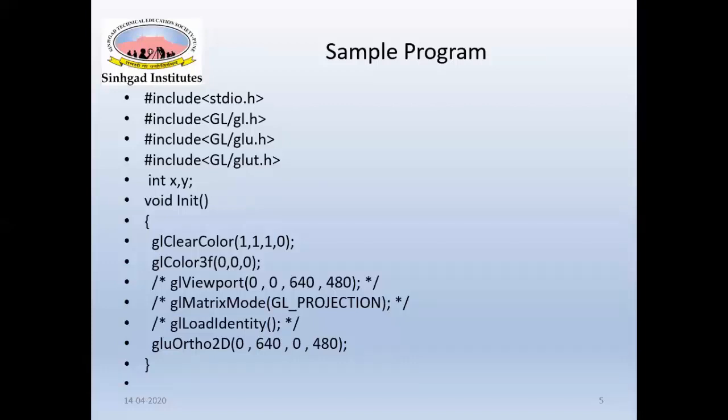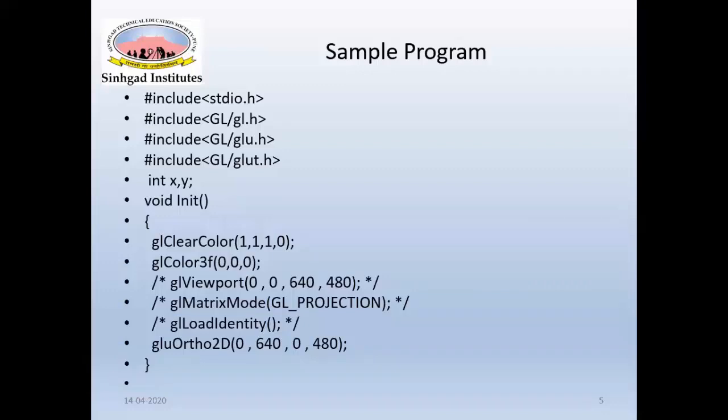This is a sample program for drawing a line from the specified points, start point to end point, and printing one word or statement in graphics output mode. We are taking here the global variables integer x and y.